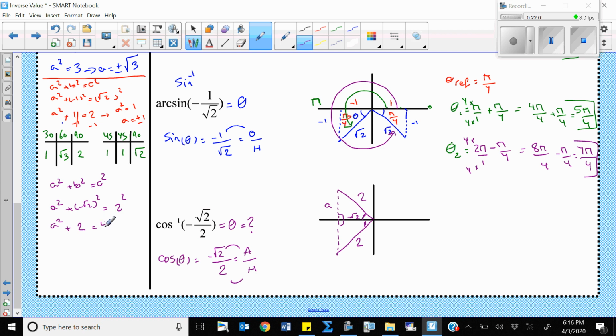And this one will be equal to 4. Now a squared, I subtract 2 from both sides, will be equal to 2, and a will be positive and negative root 2. So the missing sides here are root 2 and negative root 2.